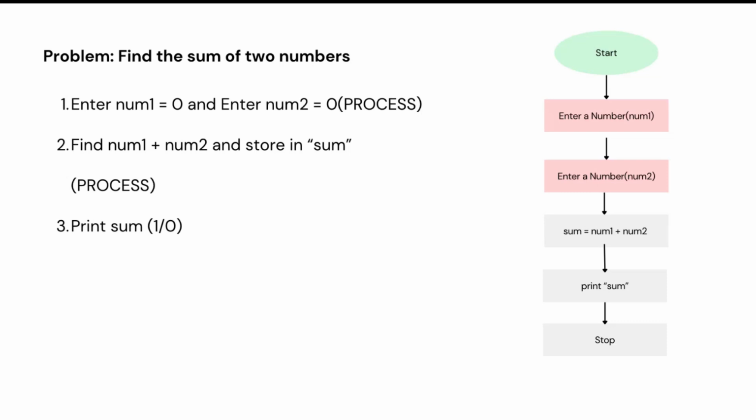So first I asked the user what is the number that you want to add, and 2 or 3 or 4 he entered. Then again, I asked what is the other number that you want to add, and 2 or 3 something is entered. And these two need to be stored on a machine, because later you need to access them, add them and store the result in some other place.